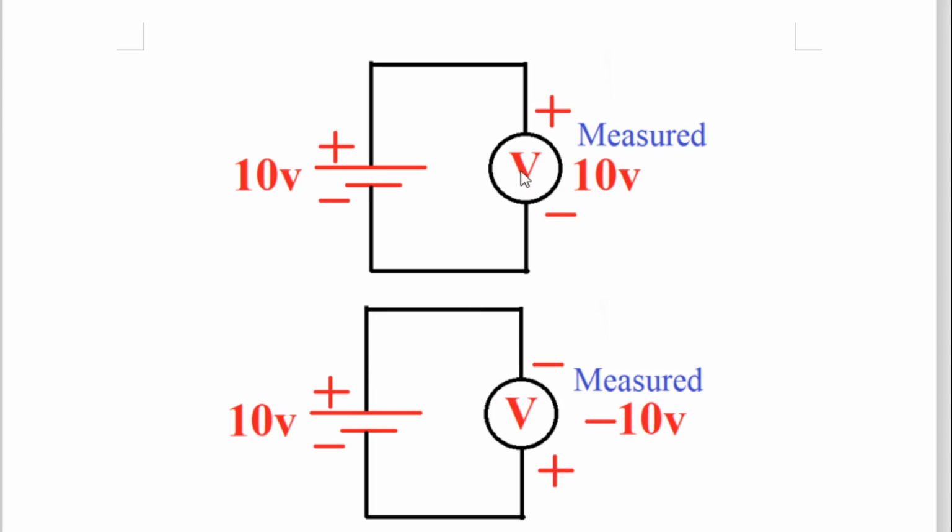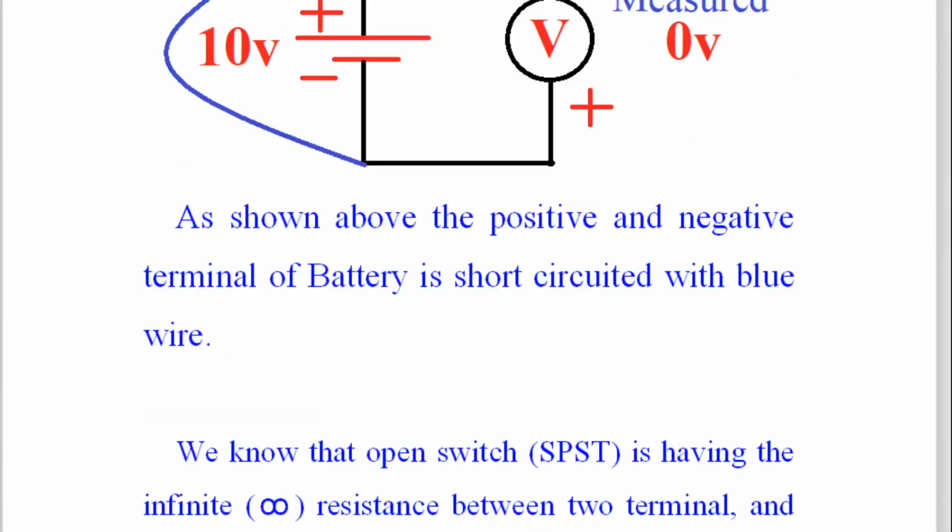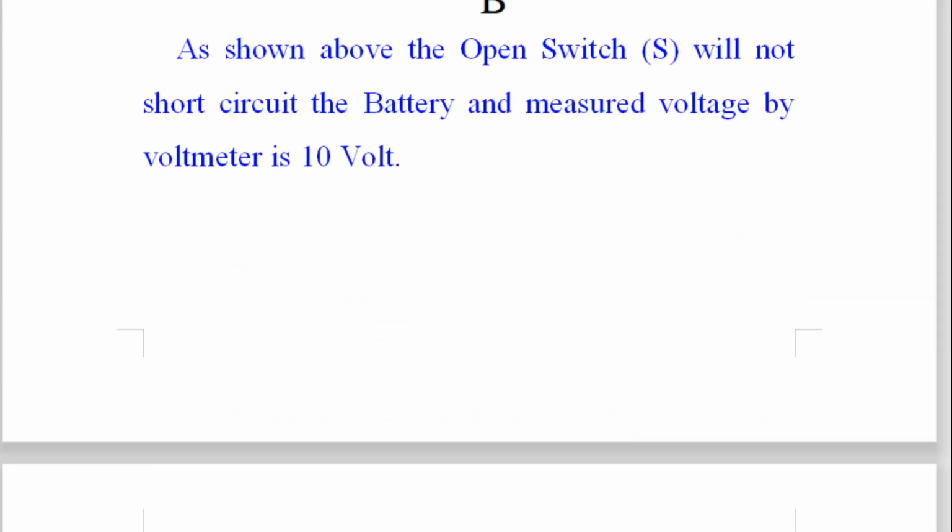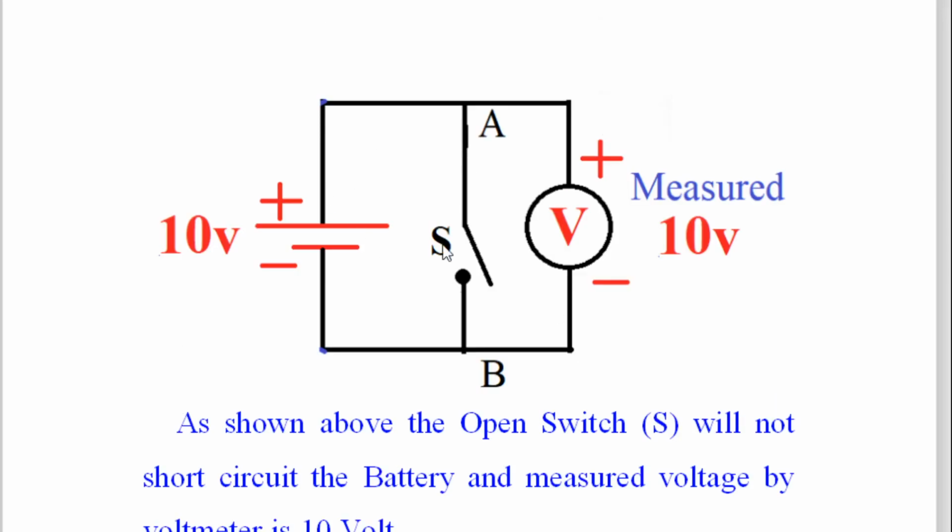Here the voltmeter is connected across, or in parallel to, the battery, and there was no switch. Now, after studying the single pole single throw switch, we are connecting the switch S in between the voltmeter and our battery, and therefore voltmeter, switch and battery are all in parallel.